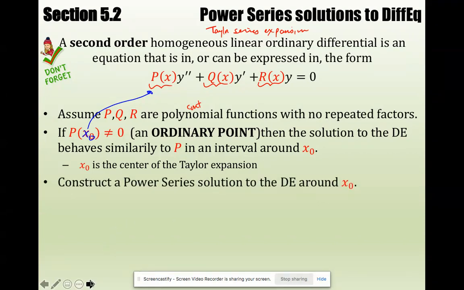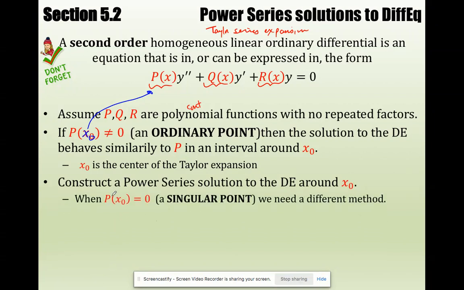And then we just constructed our power series solution, and the algebra could get a little messy. I told you, however, that if there is a certain x that you plug in for the coefficient function of y double prime and you get 0, firstly, where did y double prime go?